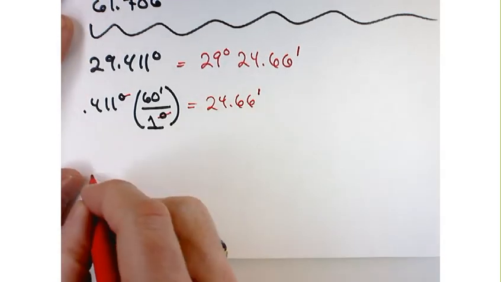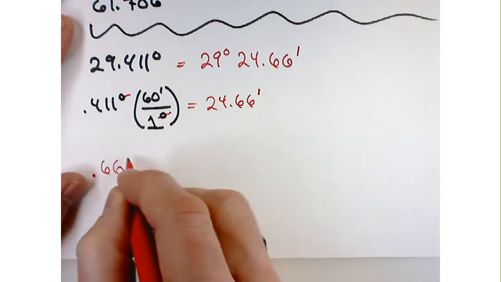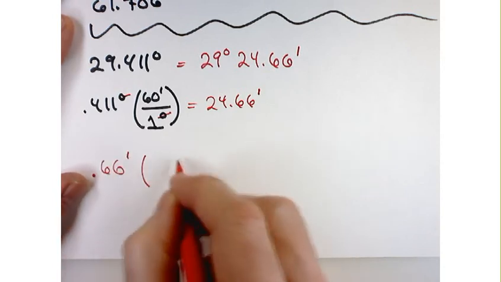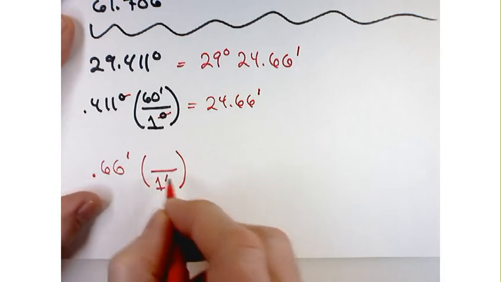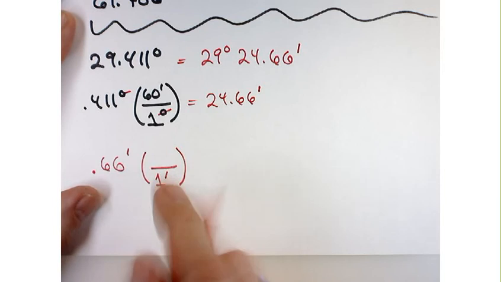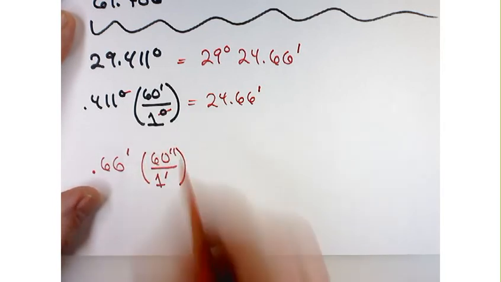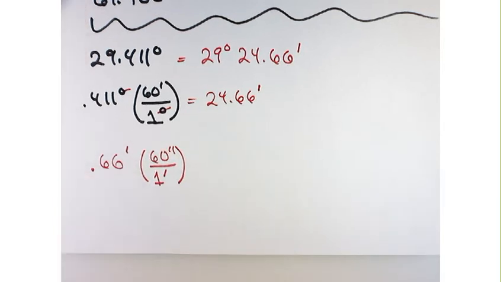Let's work with the 0.66. 0.66 is in minutes. I want to get to seconds. So 1 minute in the denominator is 60 seconds in the numerator. Again, you get that cancellation that you like. Units of minutes is going to cancel itself out.